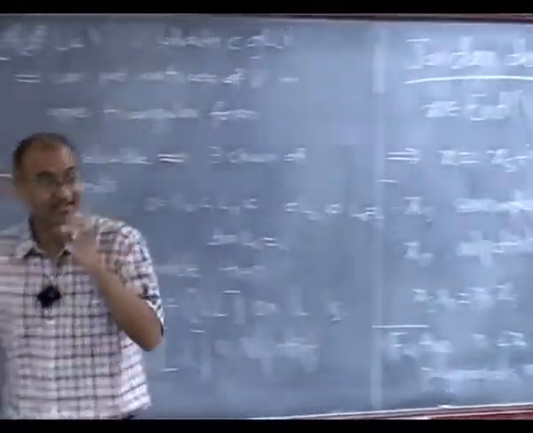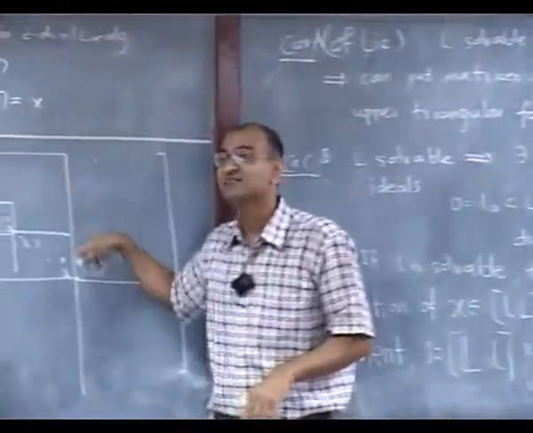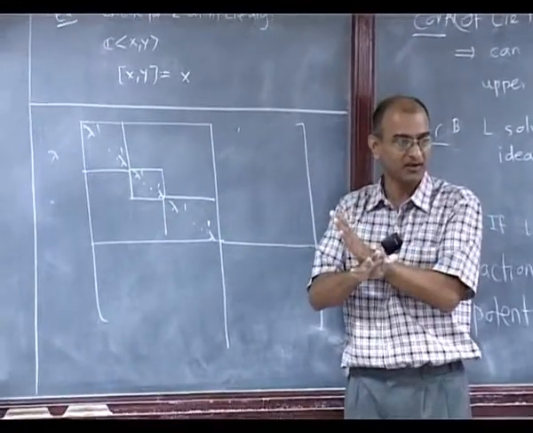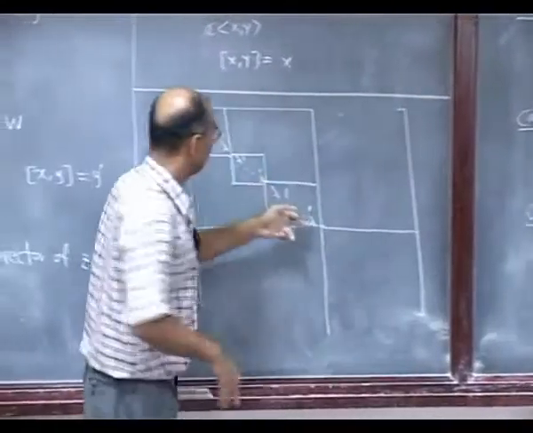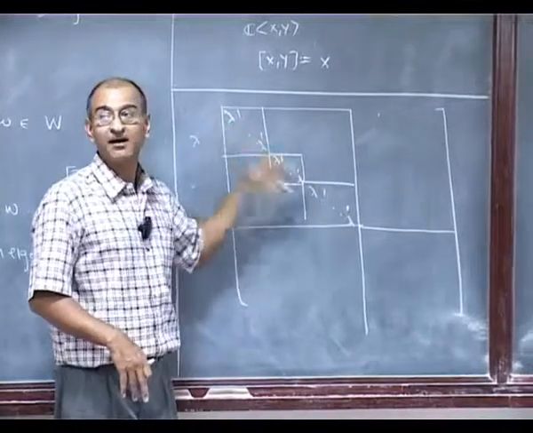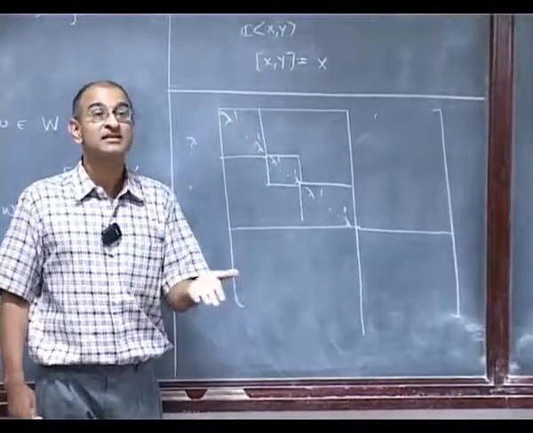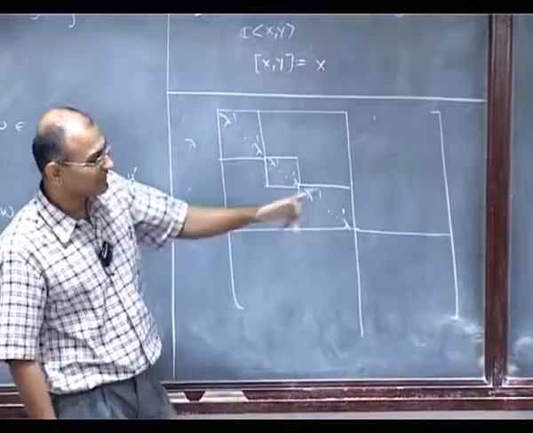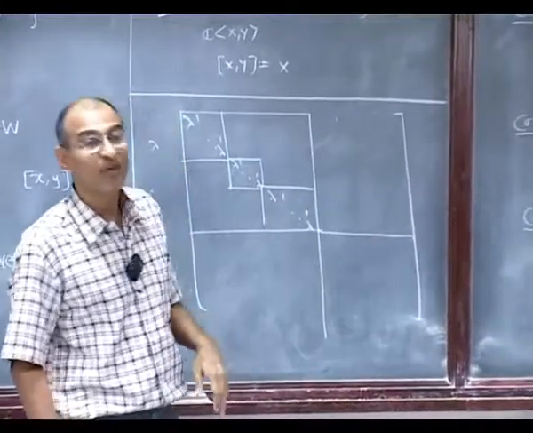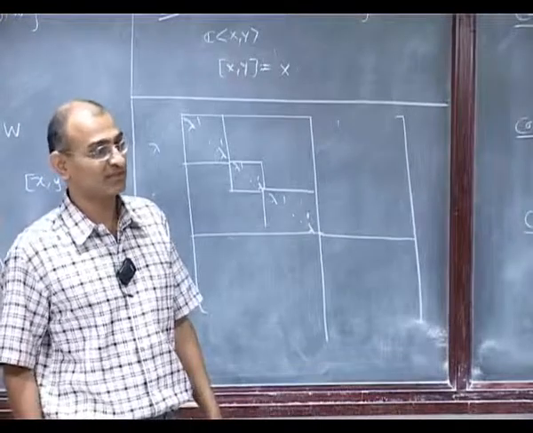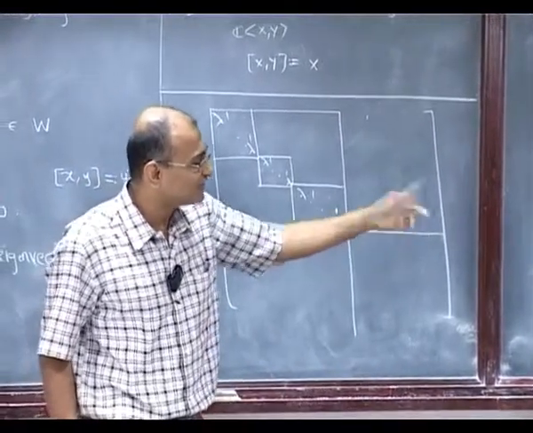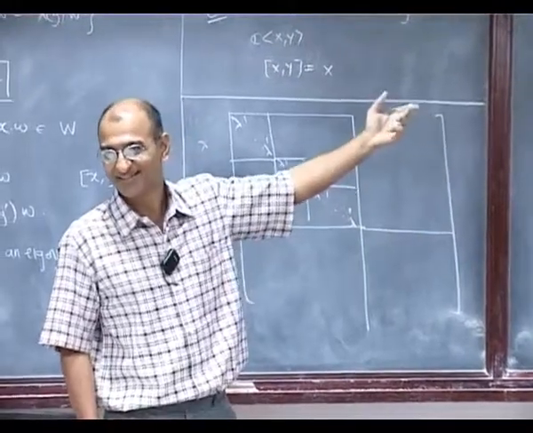Yes, because the matrix splits into block form. So you have to check it only on each block, and on each block the semi-simple part is just a scalar matrix. But what is not clear is that X sub S and X sub N are polynomials in your original operator.